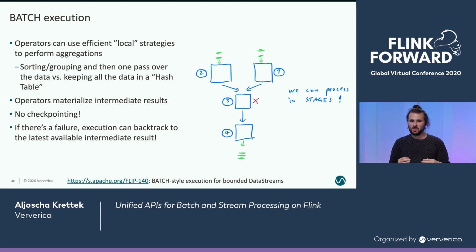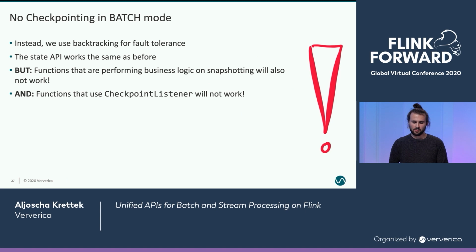For example, if operator 3 completed successfully and operator 4 fails, we can fall back to the result that operator 3 already produced and just continue from there. So we don't need to do checkpointing for fault tolerance. So it's a different behavior when it comes to execution, because you execute things one by one, and you don't have checkpointing, but you use backtracking for failure recovery.